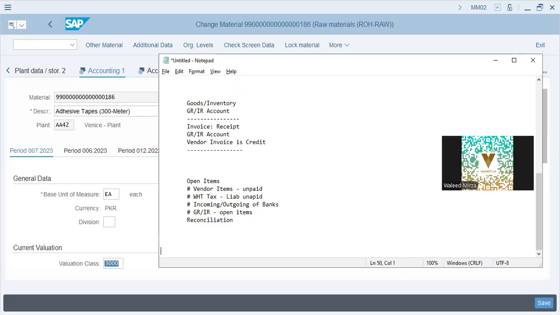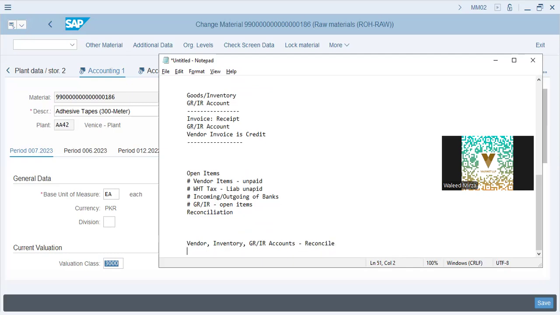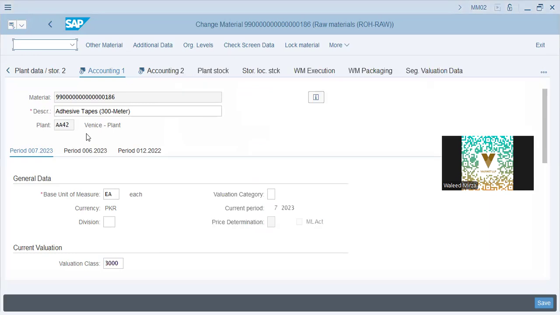Now, how do vendor, inventory, and GRIR accounts reconcile? This is a very good discussion. For this, we actually go to FS00.